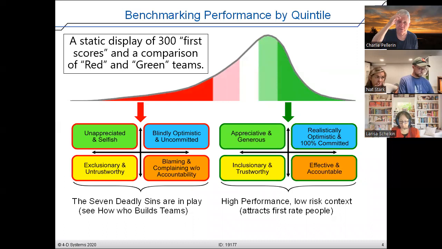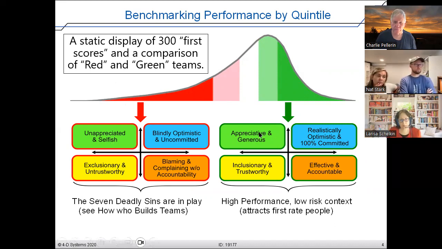So this is a static display that hopes to intuitively persuade you that on teams with these characteristics, people feel unappreciated and they're selfish, exclusionary and creating unnecessary anger, and there's no trust. They're blindly optimistic, uncommitted, and full of blaming complainers. I think you could see a team that scores down here is not going to perform very well.